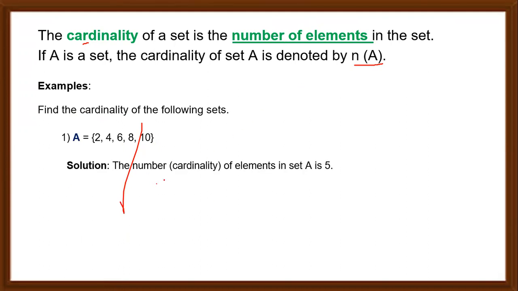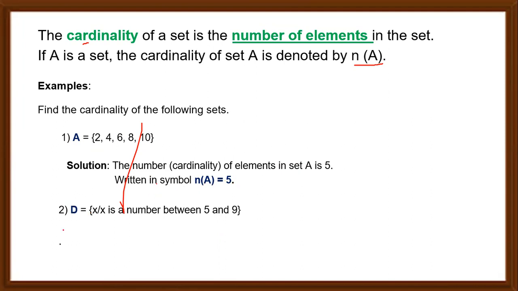Or that is the cardinality. The number of elements in set A is 5. Kasi meron tayong 2, 4, 6, 8, 10. There are 5 elements in this set A. Ganun lamang po kung paano mag-identify. Or we can write in a symbol, cardinality of set A is equal to 5, because there are 5 elements.